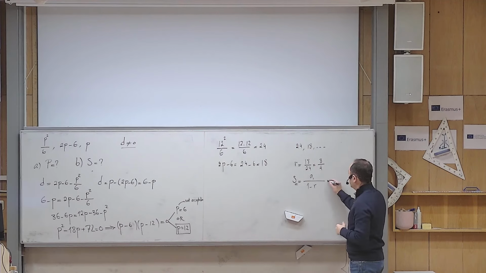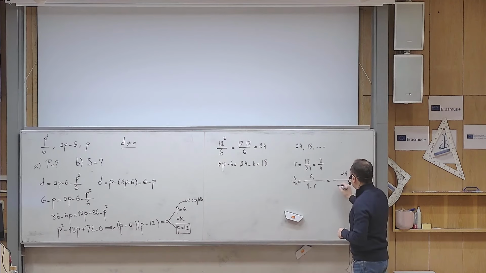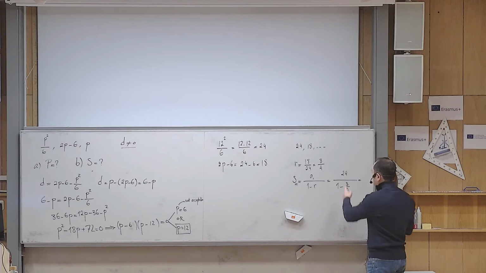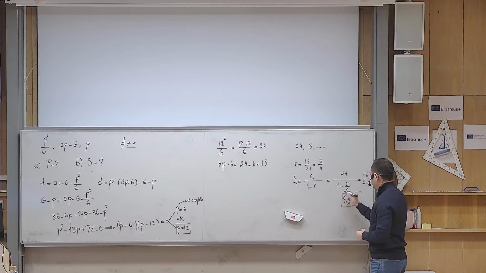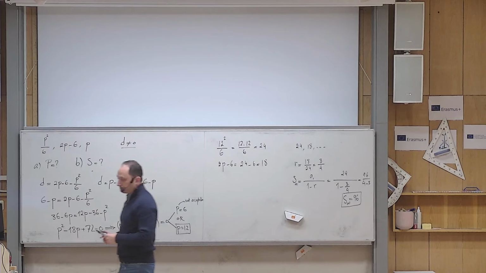So everything is in order, and I calculate. Instead of a1, I put 24, and then I have 1 minus 3/4. I multiply everything by 4, this becomes 96, this becomes 4, and this becomes minus 3. But 4 minus 3 is just 1, so 96 divided by 1 is just 96, as wanted in the problem. So S infinity here is 96.